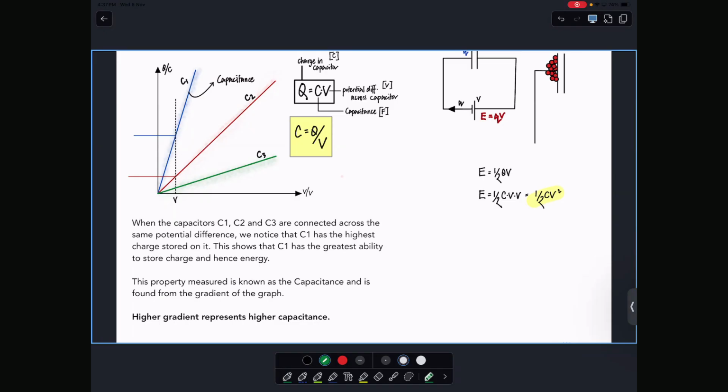The higher the gradient, the easier it is to store charge. For a small potential, it can take in more charge.